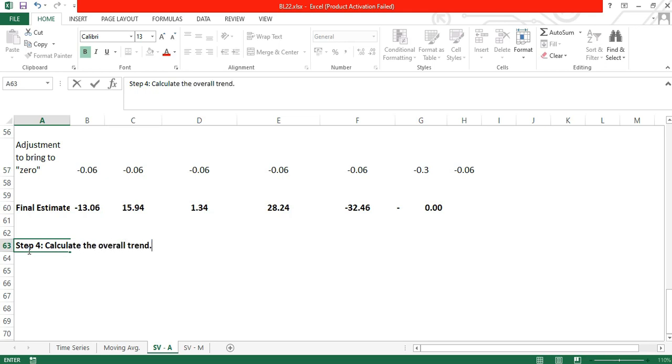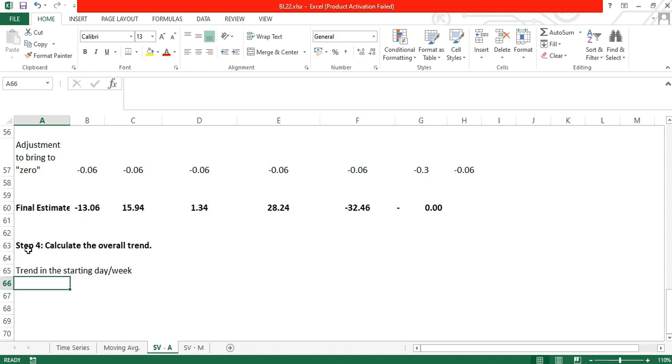Calculate the overall trend. For this, you must take the trend in the starting day or week and compare it with the trend in the last day. Not week, basically day, so as not to be confusing.